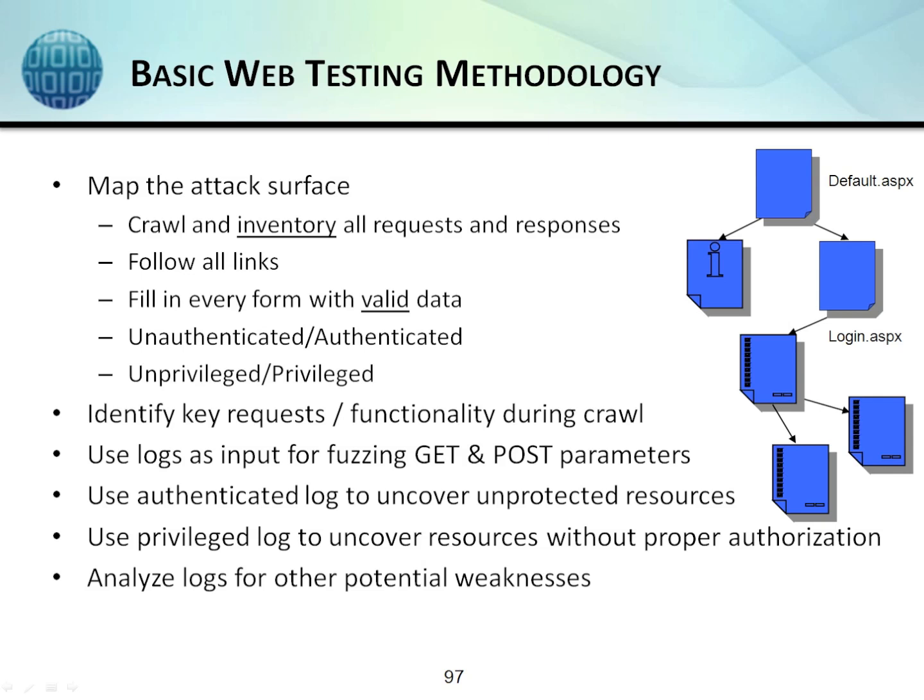And then once you've built that map of all the different requests, essentially you just start working through it and doing your fuzz testing of the various GET and POST parameters. And again, unfortunately, we didn't really get to talk about authentication testing and authorization testing, but the point of separating your crawls into unauthenticated and authenticated crawls is if you wanted to test that authentication is being properly enforced across all application resources, you would basically take that log of all requests that are issued when the user is logged in and replay them without a valid session cookie, and then see if you can actually access that page.